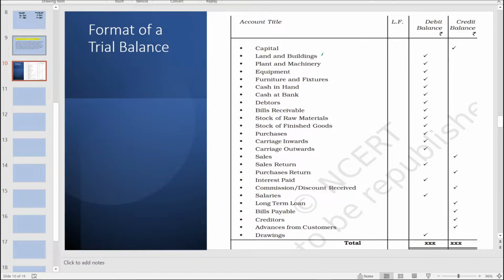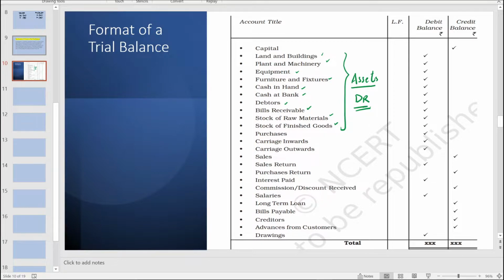Land and building, plant and machinery, equipment, furniture, fixtures, cash in hand, cash at bank, debtors, bills receivable, stock, all these are assets. You are well aware of it. In the balance sheet, it goes in the final accounts, and it always has a debit balance. That's why it's reflecting on the debit side.